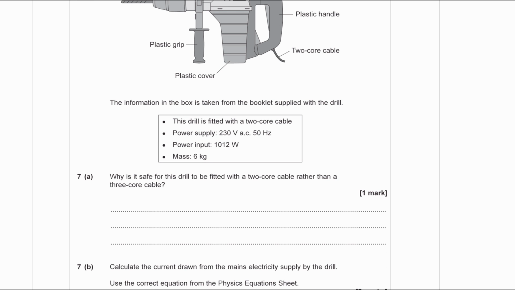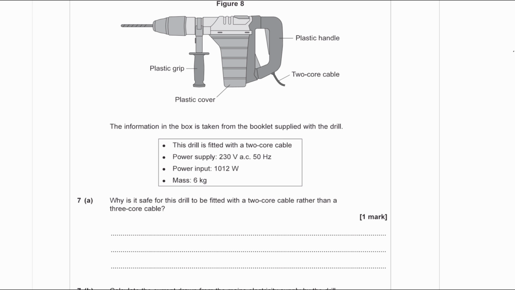Now it says, why is it safe for the drill to be fitted with a 2-core cable rather than a 3-core cable? So a 3-core cable, you should know, is used when you have a metal cased appliance, because we need to earth just so that the metal casing does not come into contact with the live wire and become live itself.